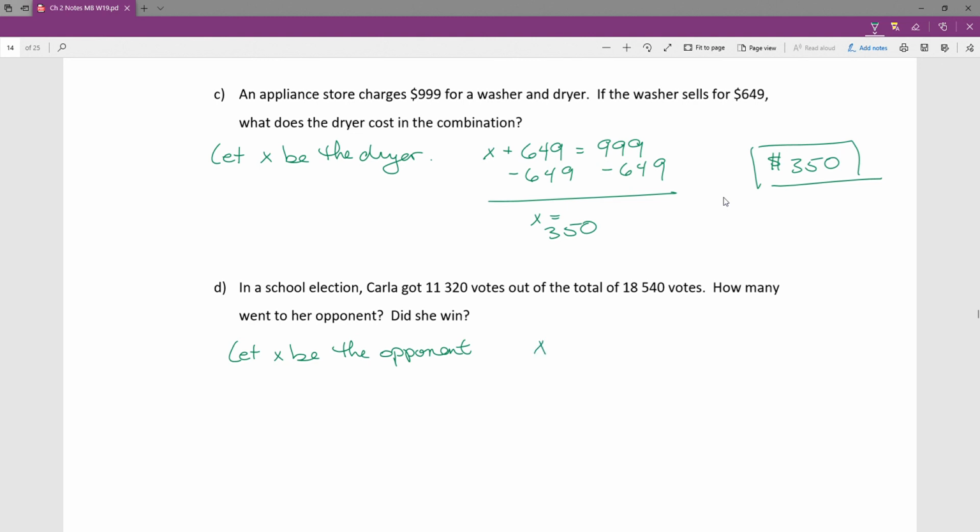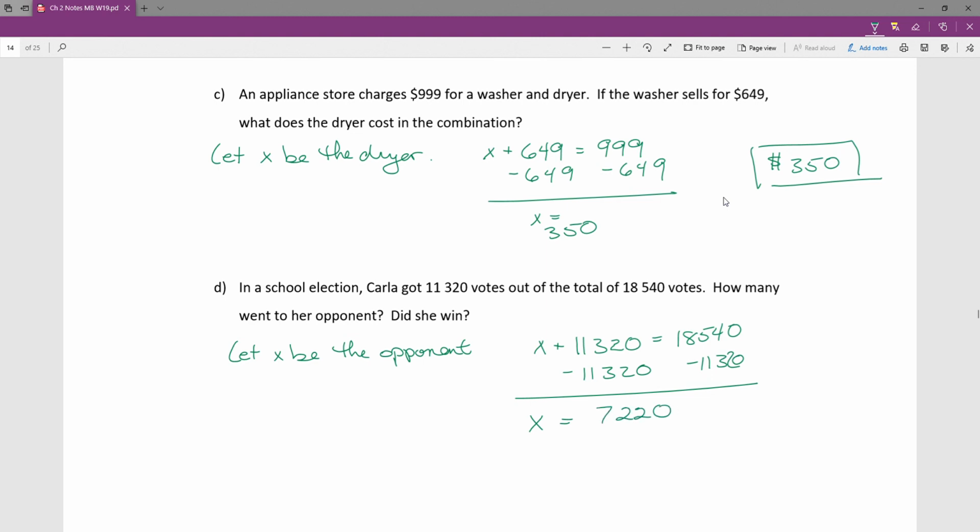So X, the number of the opponents plus the number of votes that Carla got, should equal the total number of votes. And perhaps you already knew that you were going to have to subtract these, and maybe that's the equation that you wrote out, in which case you get a mark for the equation. It doesn't have to be exactly the way I do it.